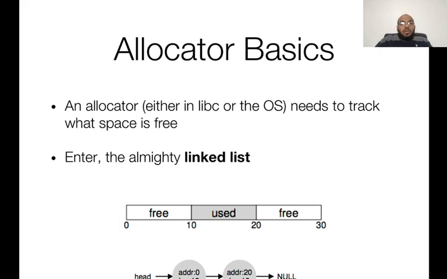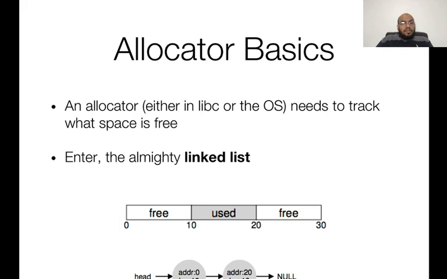Okay, so an allocator, whatever that allocator is, needs to track what space is free. So you need to know that, for example, in the previous example, you have free space between 0 and 10 and free space between 20 and 30. And you do that using a linked list.